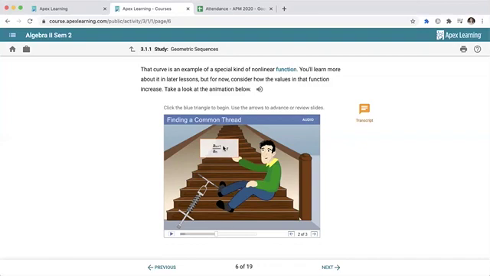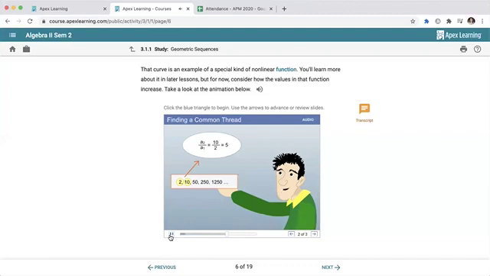That's what we're dealing with here, this constant ratio, the value R. So that's what we're going to be looking for: what is the ratio of our sequence. Look at these examples of geometric sequences and try to identify the common ratio.